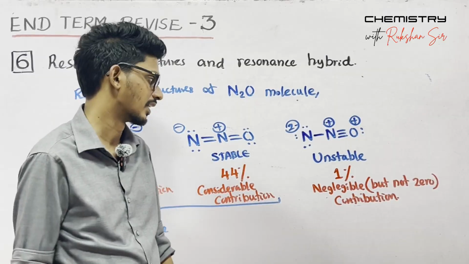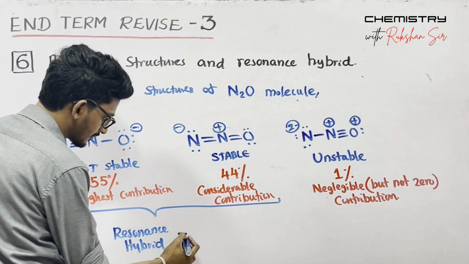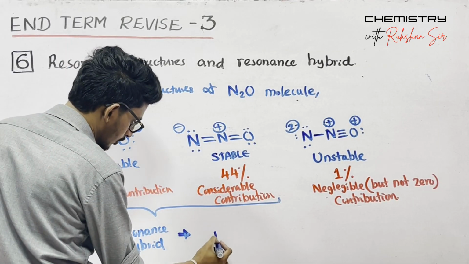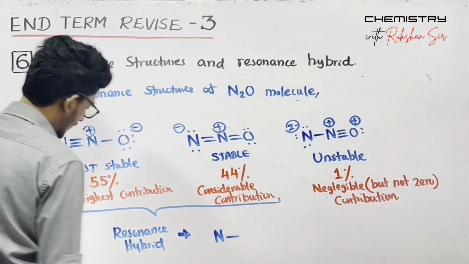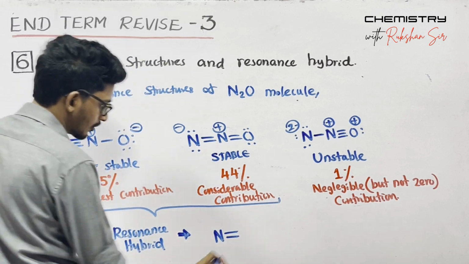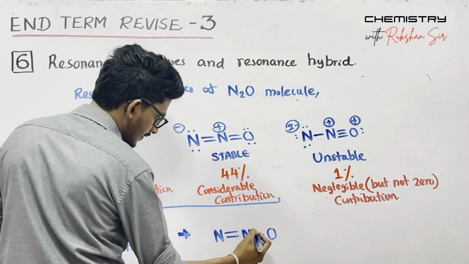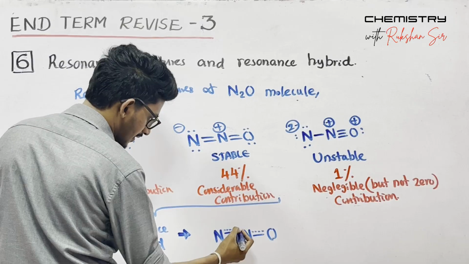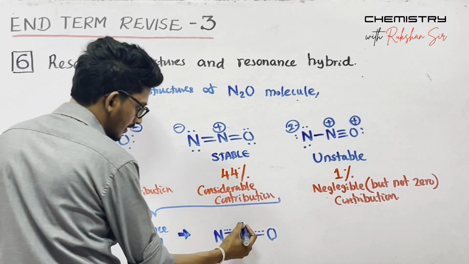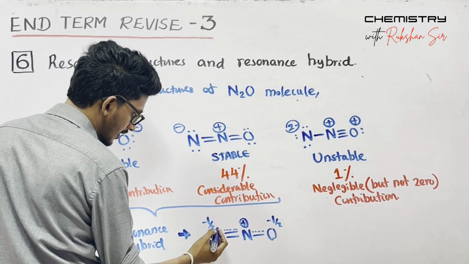Negligible contribution, but some contribution is there. So that is why we use these two. So the resonance hybrid would look like this, with some partial double bond character between these two, and you will see this kind of hybrid ultimately.